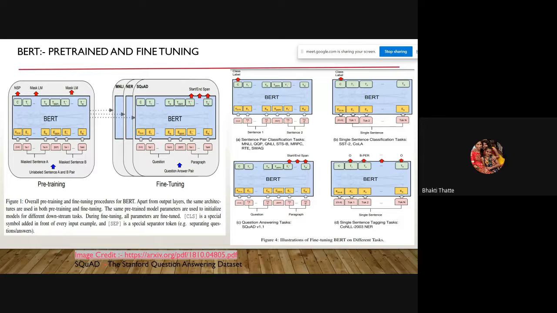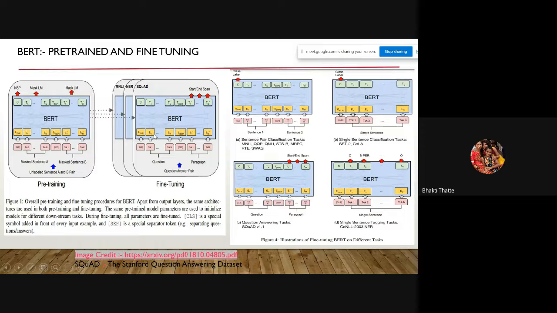So once BERT is trained and fine-tuned, the same model is given as an input layer to the other task, that is question answering, entity recognition, or language inference models. Since this is a pre-trained model, it is given as the input, whereas this would be the output layer.